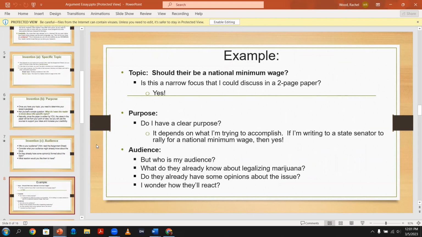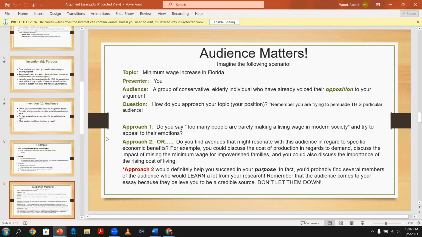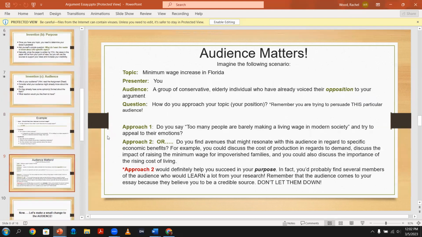Absolutely. It depends on what you're trying to accomplish. If you're writing to a state senator to rally for a national minimum wage, then absolutely. But who's your audience? You have to think about those things. So audience matters. I'm your audience at this point because I'll be the only one reading your papers.